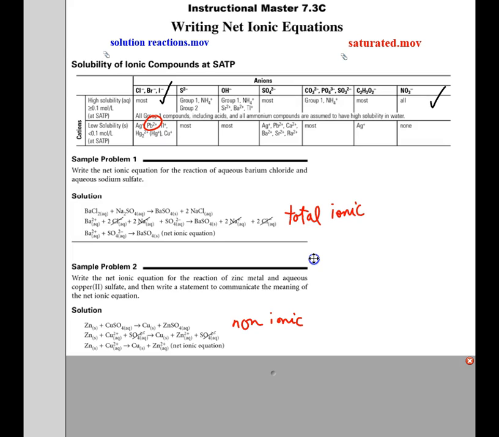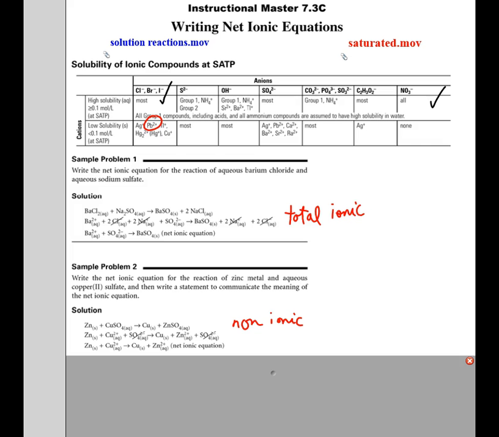You'll see non-ionic, complete ionic, and net ionic referred to in the student worksheets. The complete ionic would be what was referred to before as the total ionic. The non-ionic could just be the overall reaction equation. Make sure it's balanced, of course, in all cases.